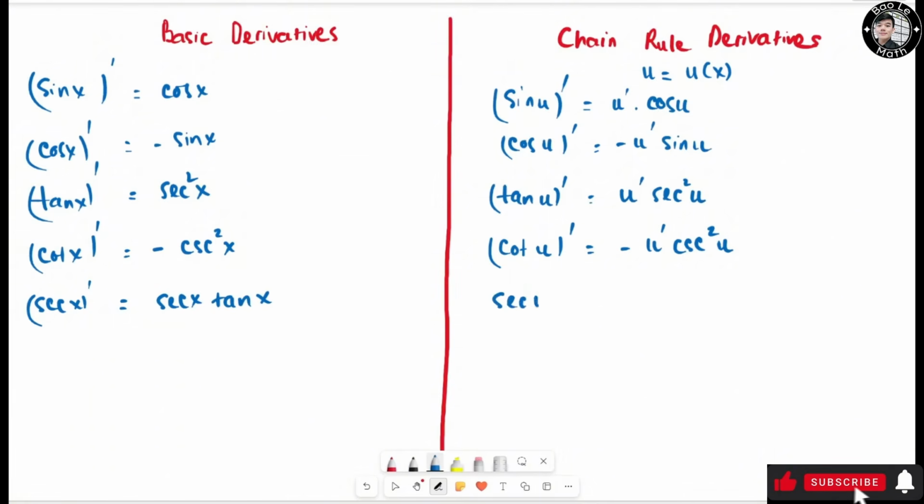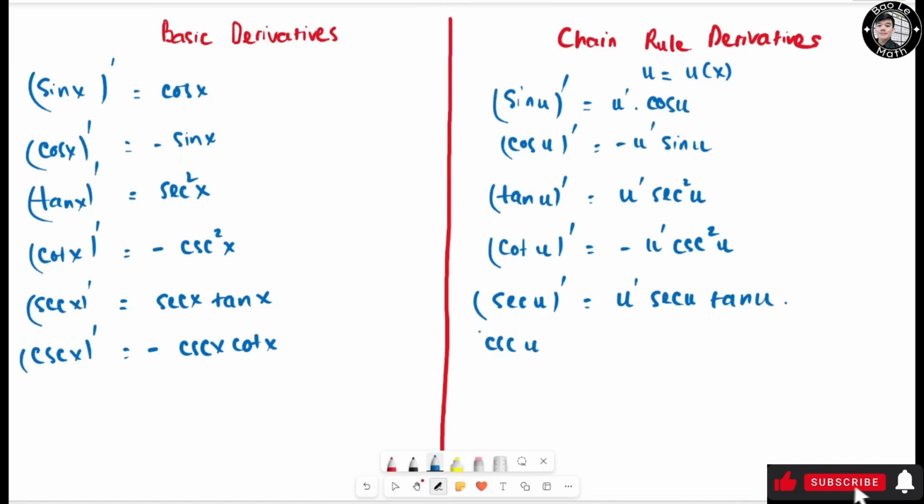The derivative of secant u is going to be u prime secant u tangent u. The derivative of cosecant s is going to be negative cosecant s cotangent s. The derivative of cosecant u is going to be negative u prime cosecant u cotangent u.